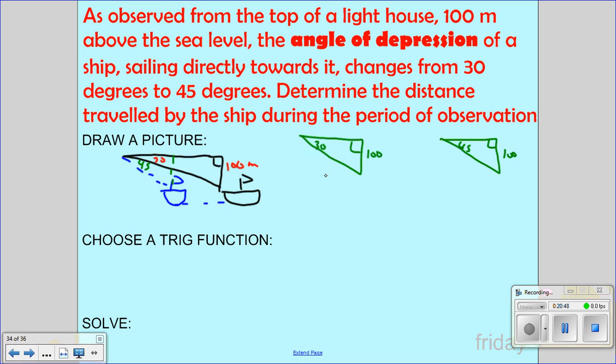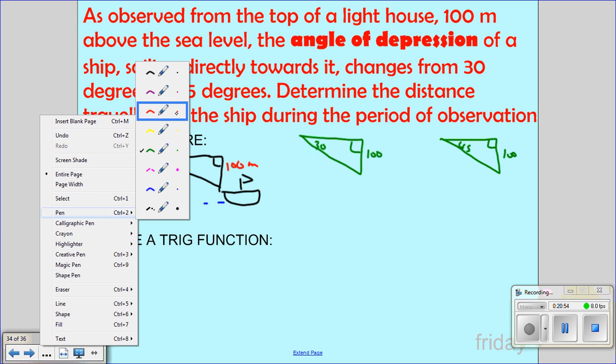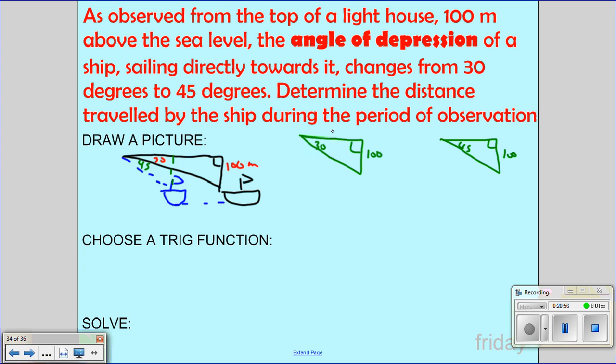Now, we need to find this side. So I'm going to call this one X and this one Y. And then we're going to need the difference between those two as our final answer.